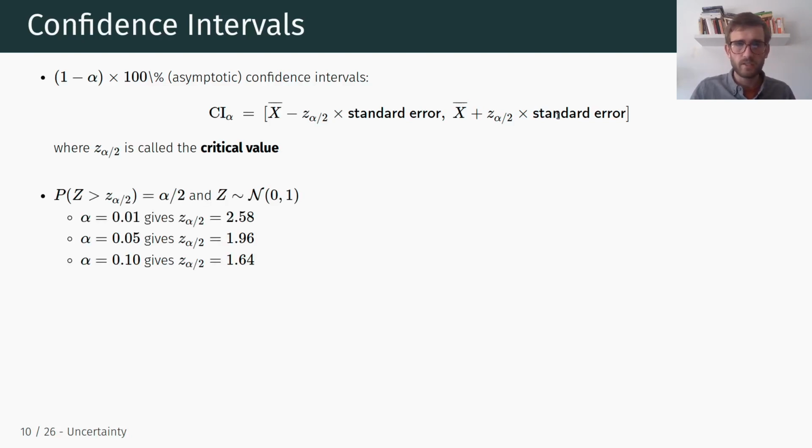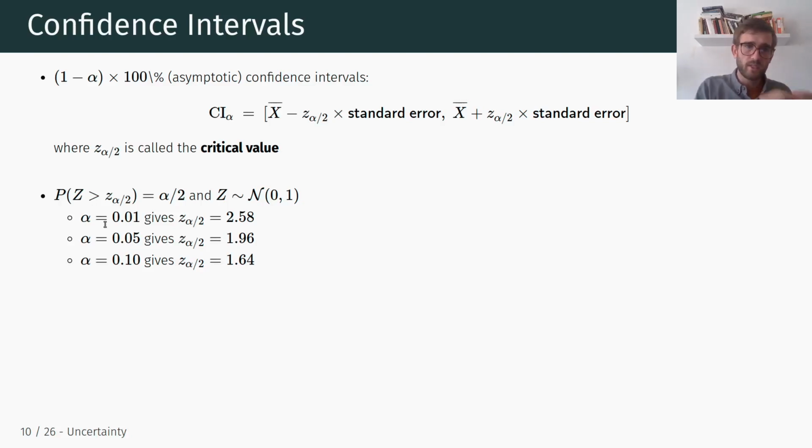For different confidence levels, we have different critical values, and you've seen some of those before. Given that z follows a standard normal distribution, and make sure to check out the video on normal distributions if you need a refresher on that as well.